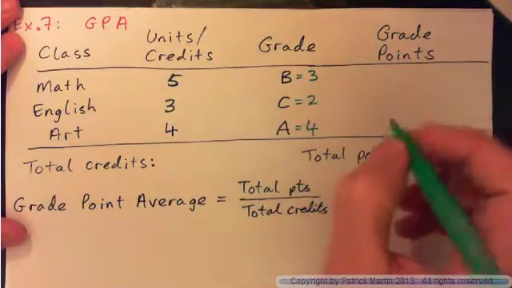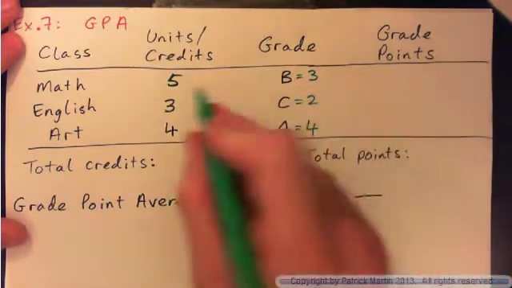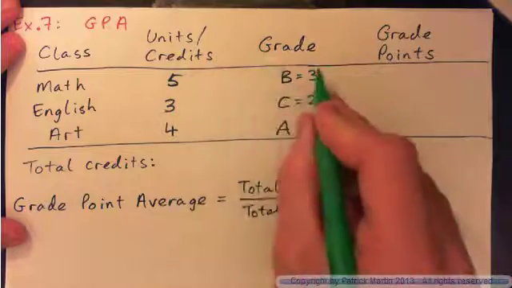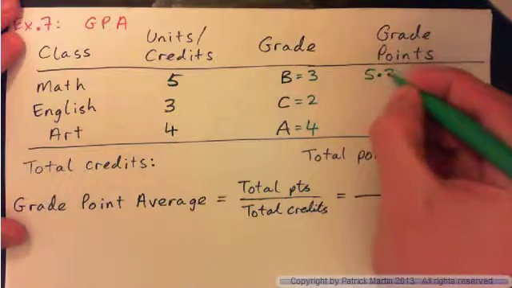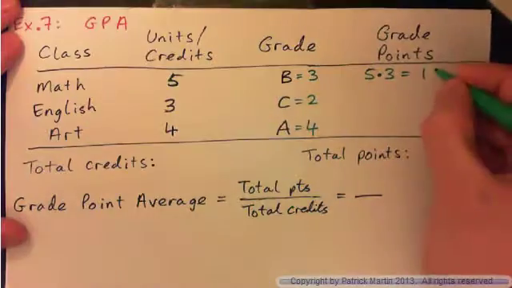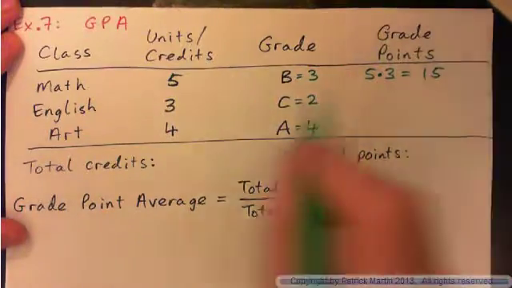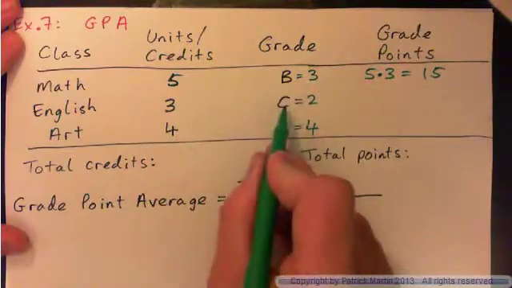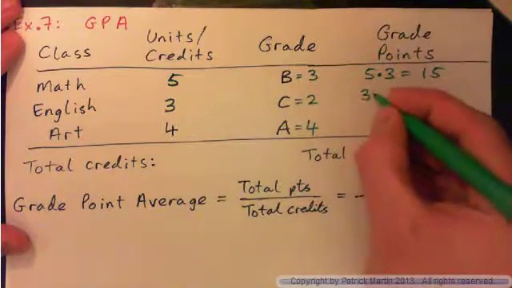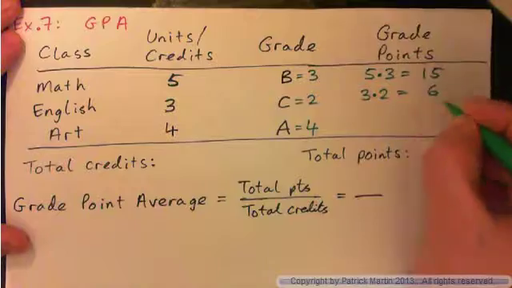Okay. So the grade points you get from the 5-credit math class at a B is 5 times 3, 15. The grade points you get from the English class, which is 3 credits, with a grade of C, is 3 times 2, 6.